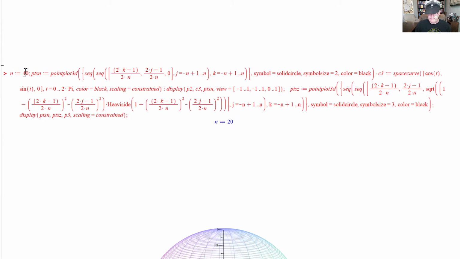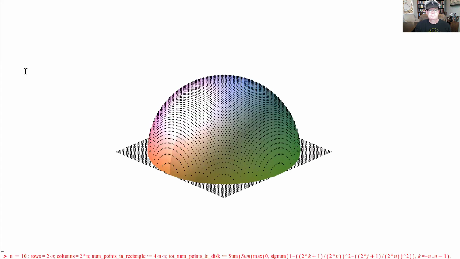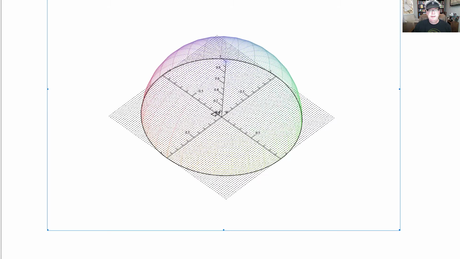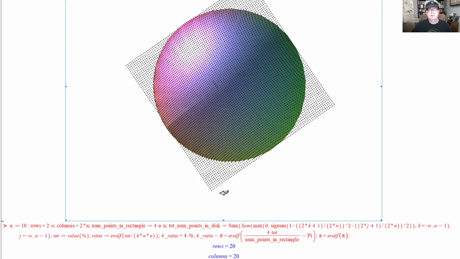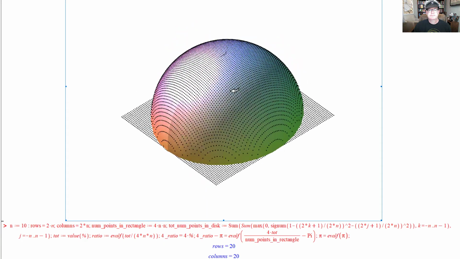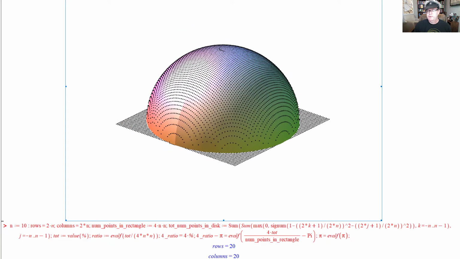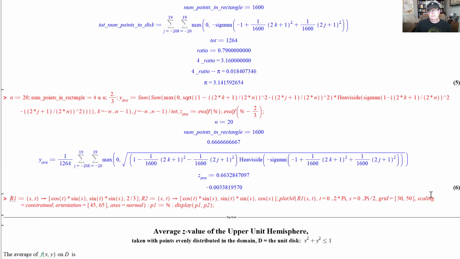Say 40. Double it. So there we got more points equally spaced in the domain, projected up to the surface, average those z values, and well, didn't get too much closer.